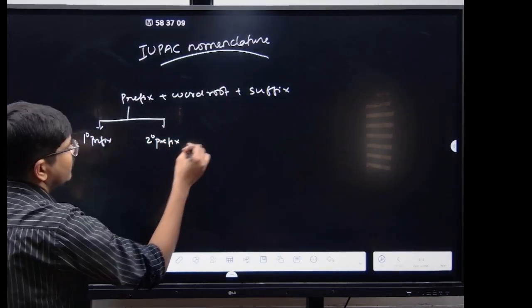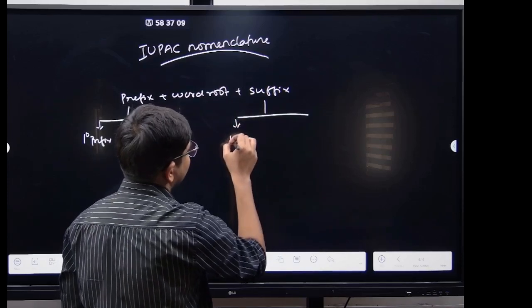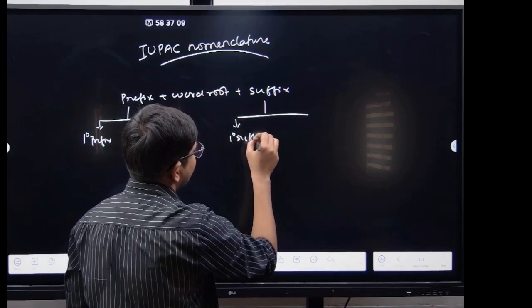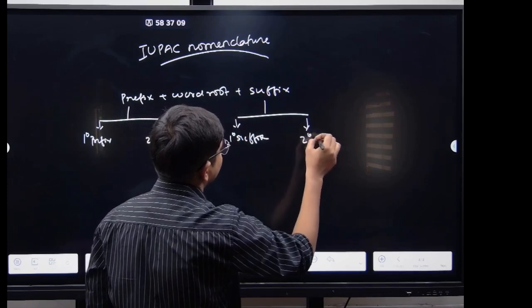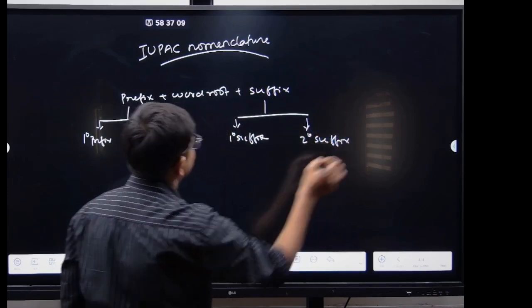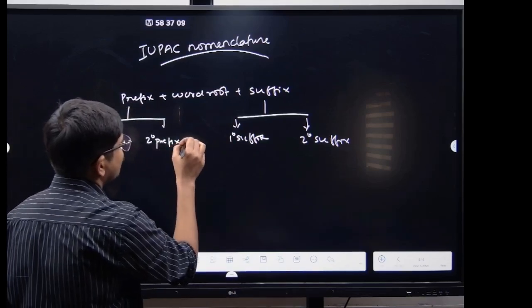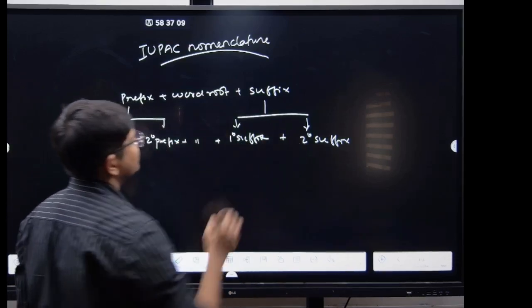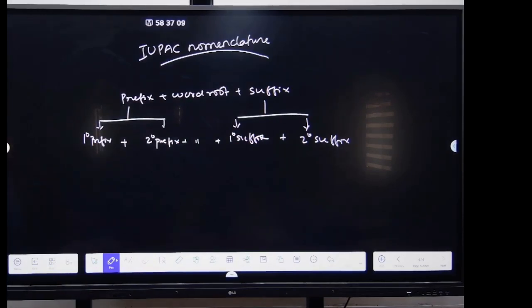Similarly, you have to write 1 degree suffix and 2 degree suffix. So the word will look like 1 degree prefix plus word root plus 1 degree suffix plus 2 degree suffix.